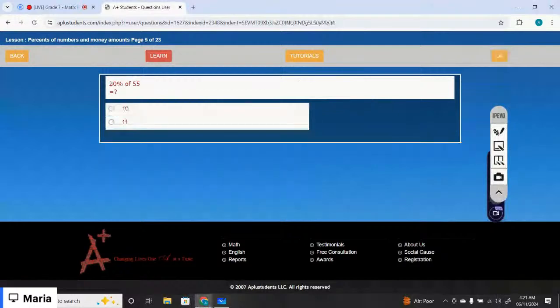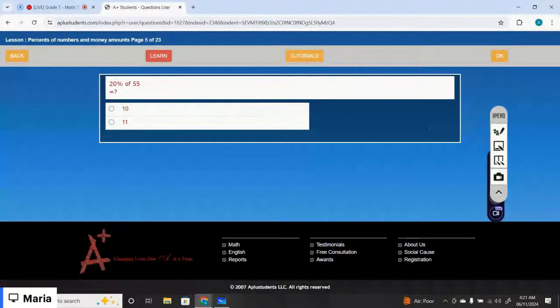The next one is 20% of 55. So which is the correct option?